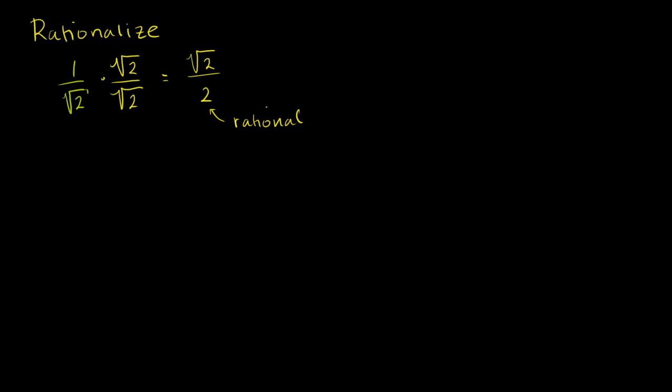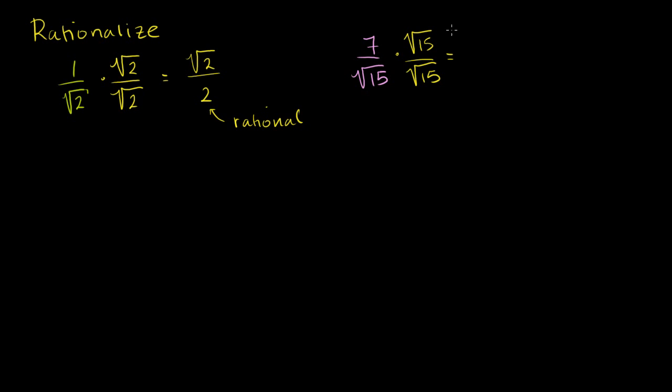Let's do a couple more examples. Let's say I had 7 over the square root of 15. The first thing I'd want to do is simplify this radical. Let's see, square root of 15. 15 is 3 times 5. Neither of those are perfect squares. So this is about as simple as I'm going to get. So just like we did here, let's multiply this times the square root of 15 over the square root of 15.